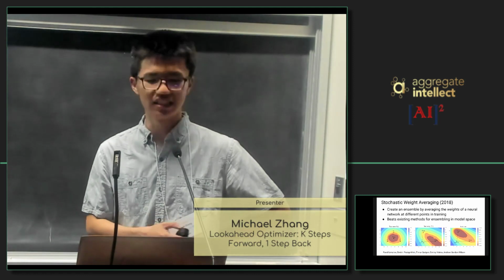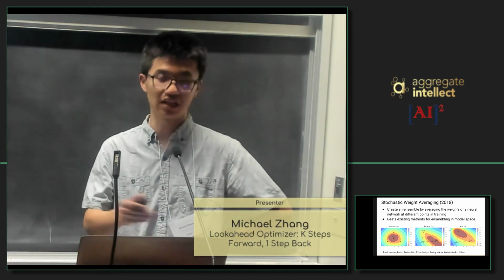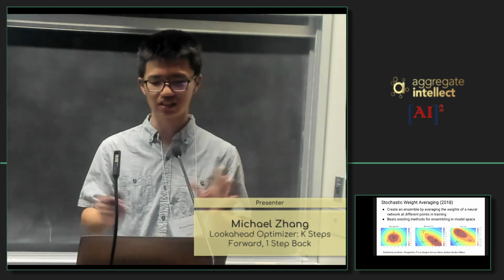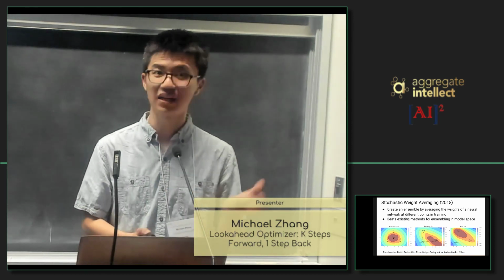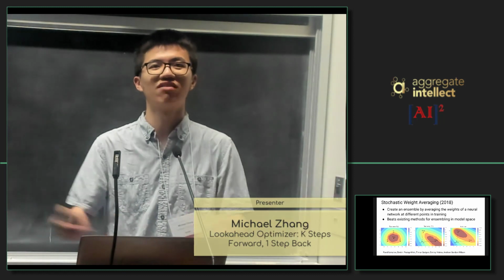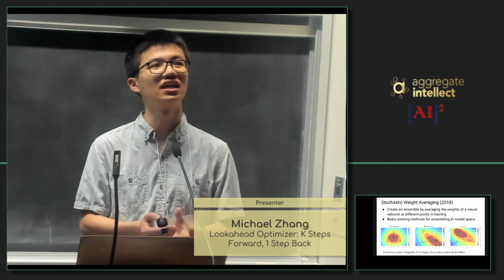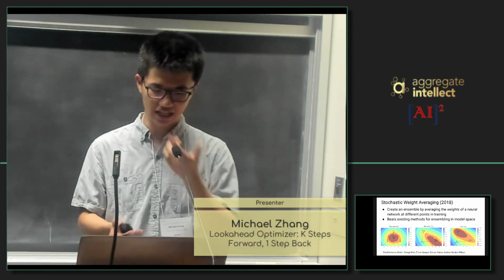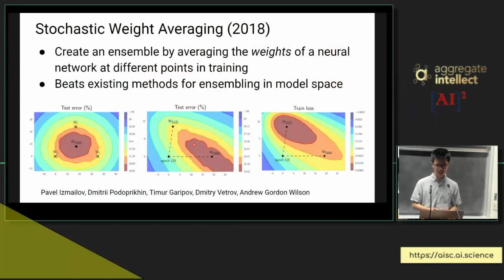The idea is you train a neural network as usual, but you can create an ensemble effect by averaging the weights you obtain at different points in training. You average those weights in weight space, and then using that model, you can get lower test error and do better generally. So this shows that even in deep neural networks, averaging weights tends to get you to a region of lower loss surface, with lower test error.